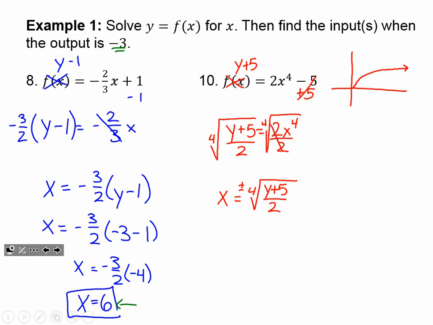So I want to think if my inverse, I've essentially found the inverse, is going to have that type of symmetry, then I'm going to have to restrict the domain because this plus or minus is giving me a parabolic looking thing. To get that symmetry, I can only keep this so long as x is greater than 0.